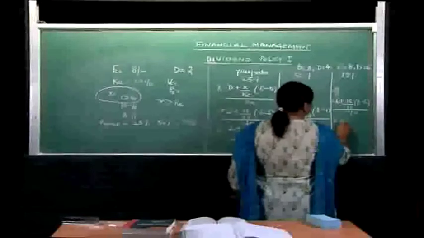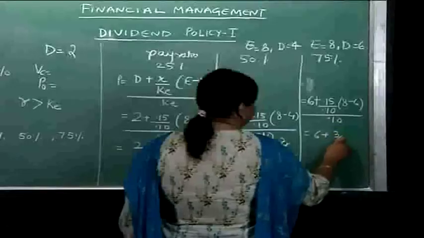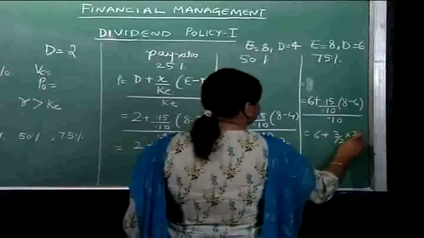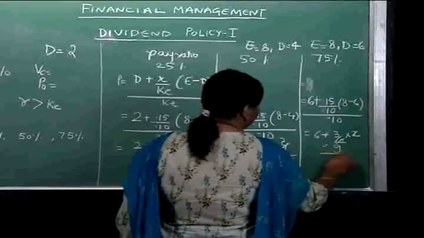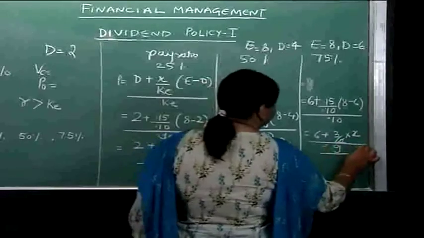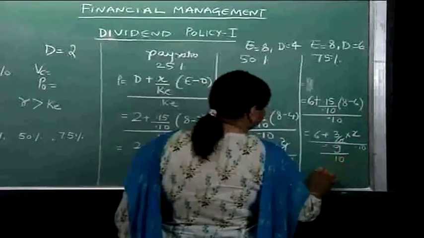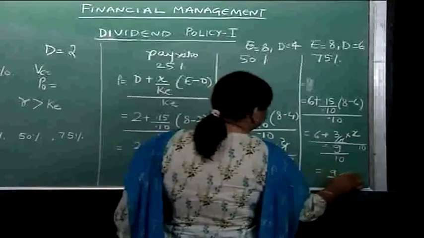So it shall be 6 plus 3 by 2 into 2, it's 9 upon 0.10, so it shall be 90.